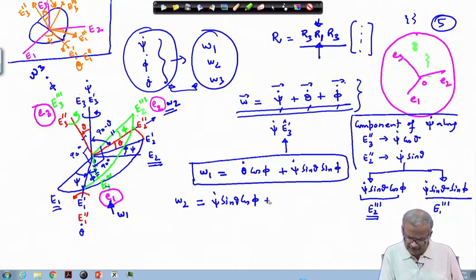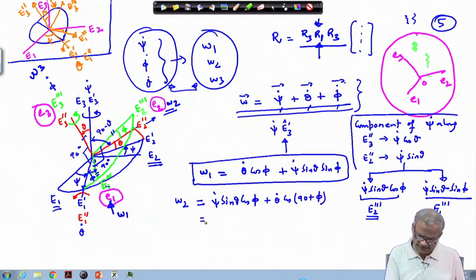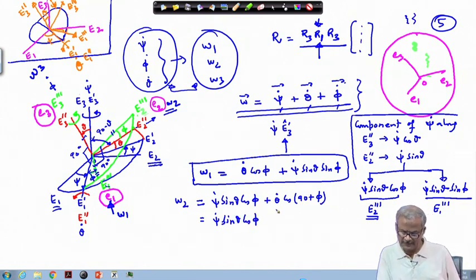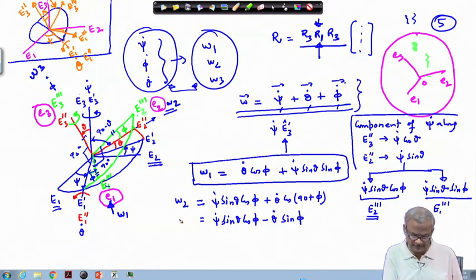So, we will have the component of theta dot cos of 90 plus phi. So, this becomes psi dot sin theta cos phi minus theta dot sin phi. This is omega 2.